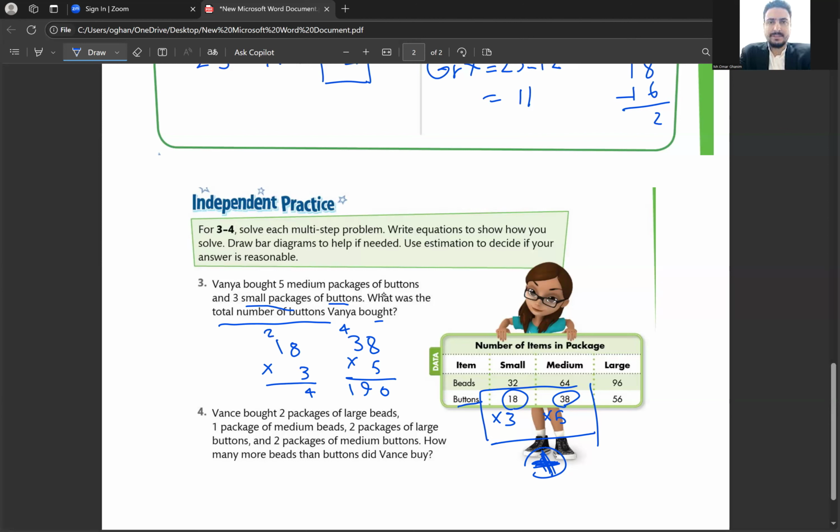And then 1 times 3 plus 2, 5. And then the last thing, the total is 190 plus 54, which equals 244.